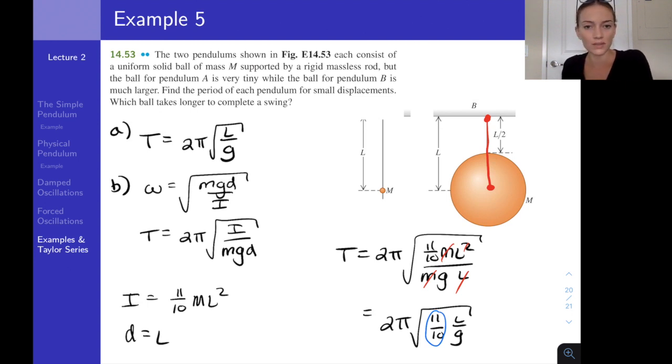So the square root of 11 over 10 is always going to be greater than 1, no matter what L and g are here. So this period is always going to be larger than this period. So that means that our period for ball B is always going to be greater than the period of ball A.